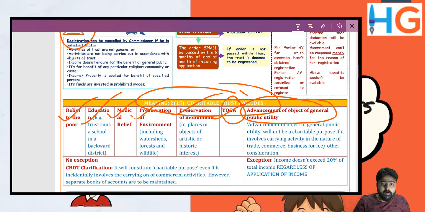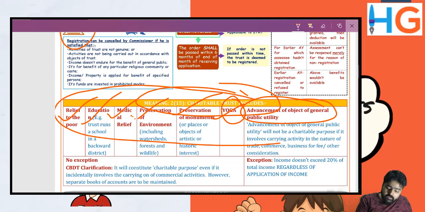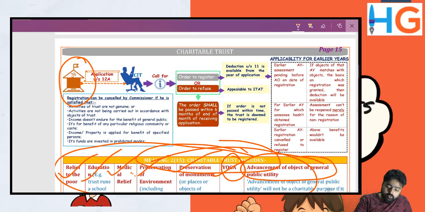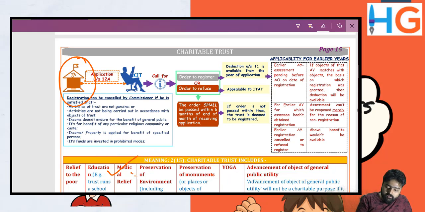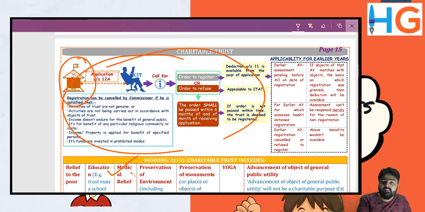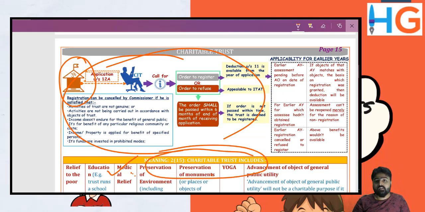So if an assessee carries on these activities and goes through the process of registration, they will be allowed exemption under section 11 and 12. We'll be having a look at what sort of exemptions are available to these trusts. But the main condition is that first they have to satisfy this definition.